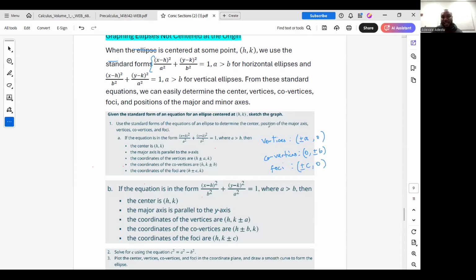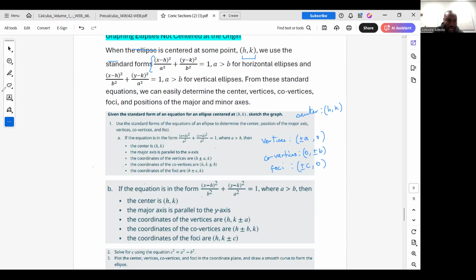Now, when the center is not 0, when it is h comma k, what we need to do is to account for that. So the center is h comma k. Remember, just like we did with the circle, when we add the center, everything starts from the center. So the same thing we apply here.